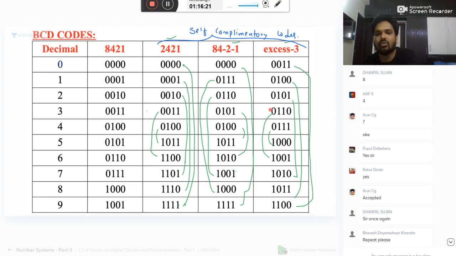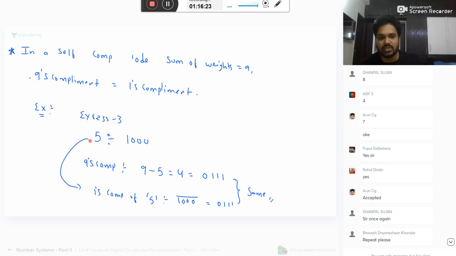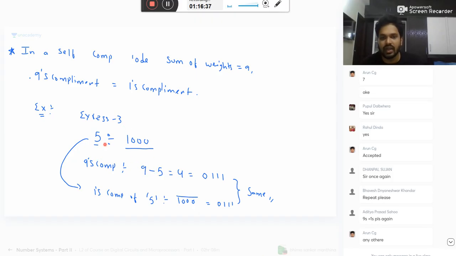So you should remember: in excess 3, 5 is 1000. What is the 9's complement of 5? Subtract the number from 9. 9 minus 5 is 4.